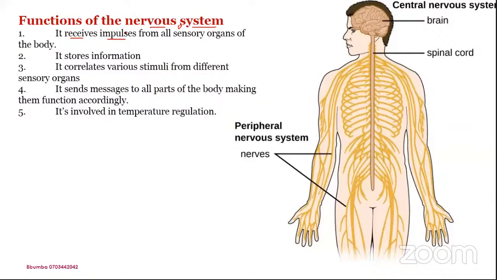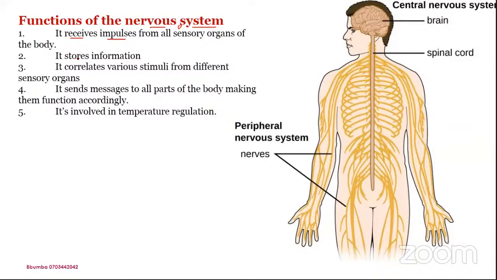For example, you've just touched a hot object. The information is going to come from your hands. So the hand or the fingers must have nerves in them, which can take it to the brain for interpretation. So the information travels as impulses. You call it the electricity of the body. Okay, so it receives impulses from all sensory organs of the body.